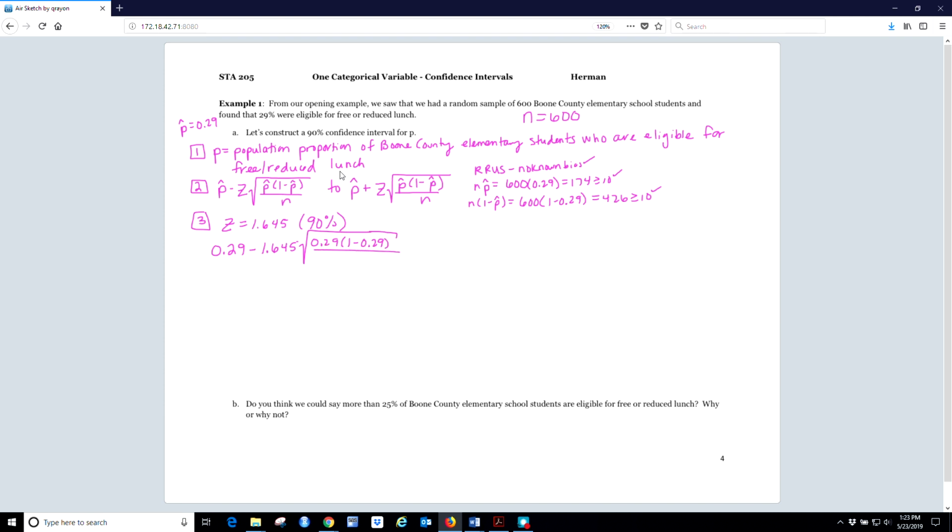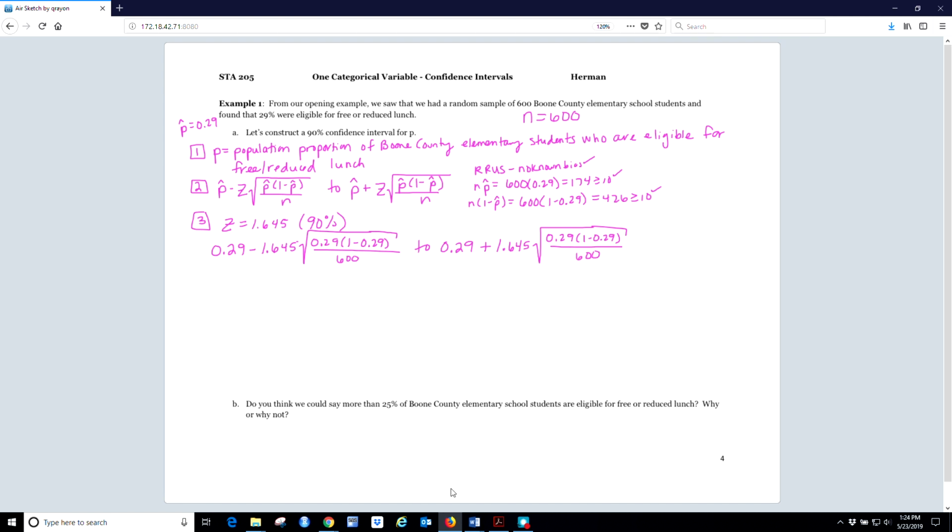And then again, the same thing on the other side, except for that plus sign between them. And then it's just a matter of us doing the math and making sure we get the order of operations correct.